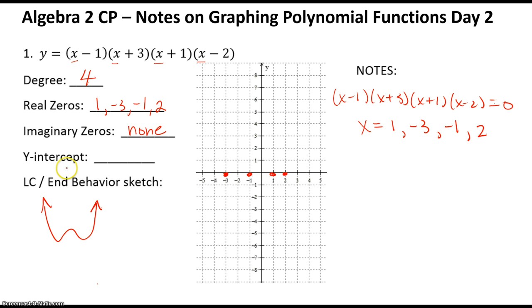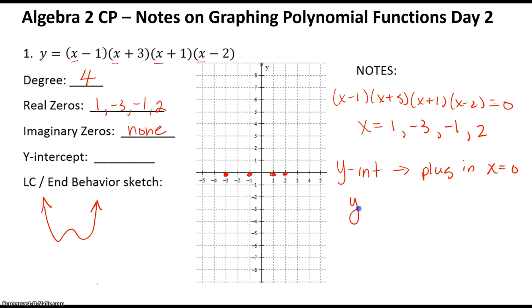Now, how do we find the y-intercept? Remember, the y-intercept has a coordinate of 0, comma something. So if I want to find the y-intercept, I'm going to plug in x equals 0.